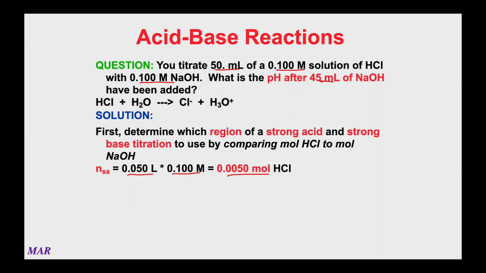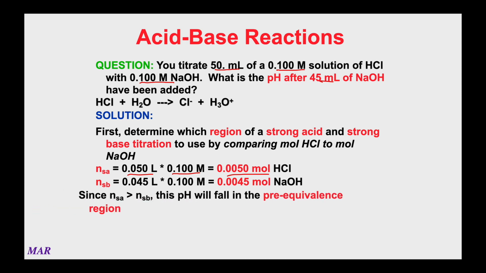We'll do the same thing for moles of strong base, 0.045 liters times its concentration, and as we talked about, 0.0045 moles of NaOH. So the moles of strong base are less than the moles of the strong acid we start with. So NSA, moles of strong acid, is greater than NSB, moles of strong base. This is going to be a pre-equivalence region calculation.